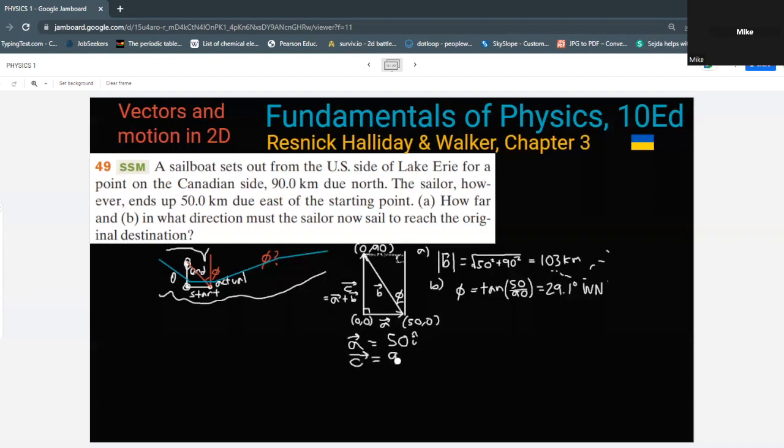So C is 90j. So paano related yung A, B at C?